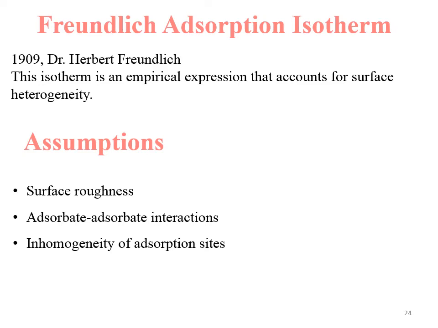Similarly, another assumption is that it considers the inhomogeneity of the adsorption sites, which means that all the adsorption sites on the surface of adsorbent may not be homogeneous. There may be some adsorption sites which are not equivalent to each other. So the adsorption sites on the surface of adsorbent can be inhomogeneous.